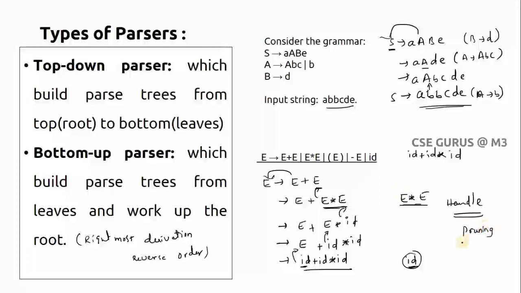Pruning means simply reduction. So this is what a handle is and what handle pruning is, in simple terms. Whenever you want to reduce a right hand side production with the left hand side, that you call handle pruning, and whatever the right hand side production, that you call the handle.